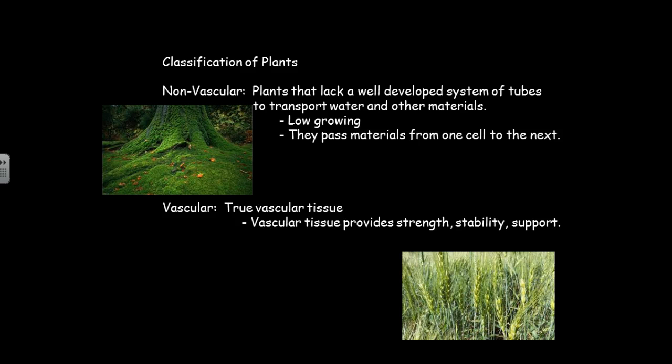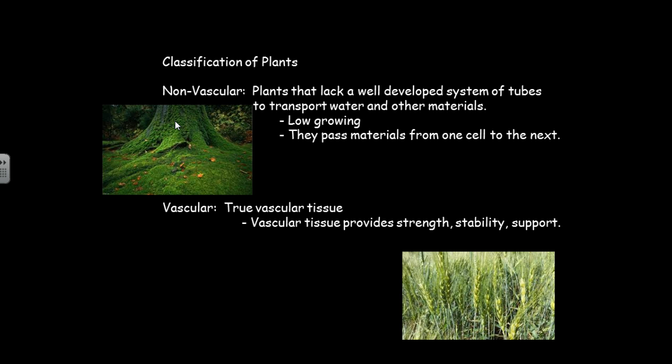The way that plants are classified is in two fashions. They are either listed as non-vascular, which means that the plants lack a well-developed system of tubes to transport water and other materials. And so over here you can see this is moss that is growing on a forest floor and also onto a tree. And these don't get much more than a couple of centimeters off the ground.